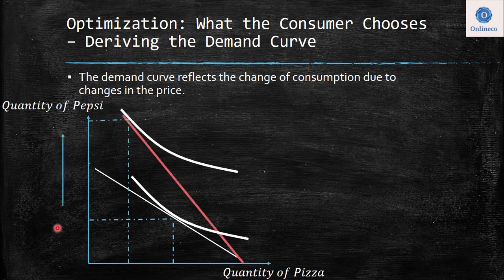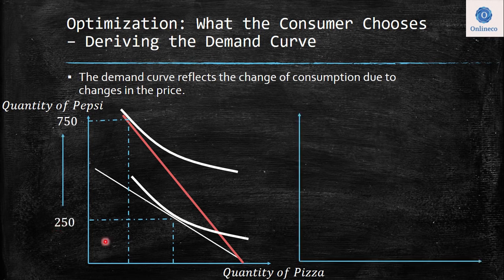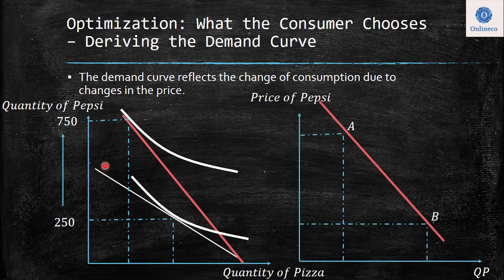So here we have the situation. Here we have an example that we had before. Imagine 250 and this point 750. With the quantity of 250, the price was 2. When the price decreases to 1, the quantity increases to 750.